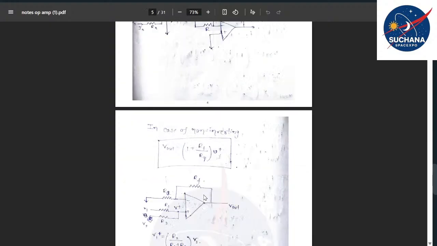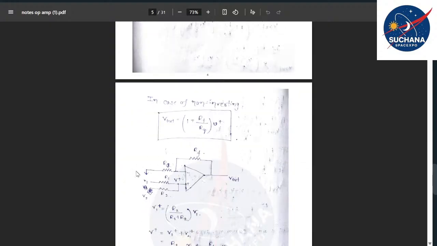But in the non-inverting amplifier, the input signals are applied to the non-inverting terminal, denoted with the positive sign. For this other terminal we are applying the input voltages.